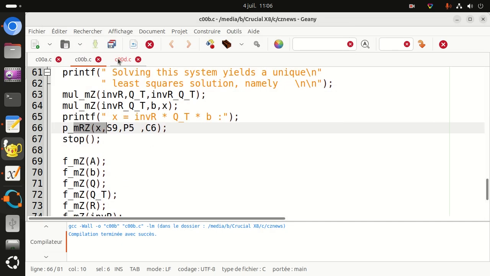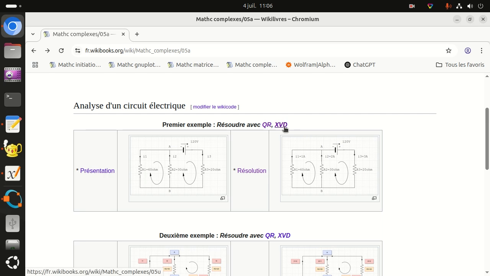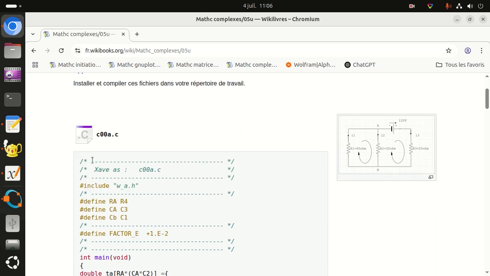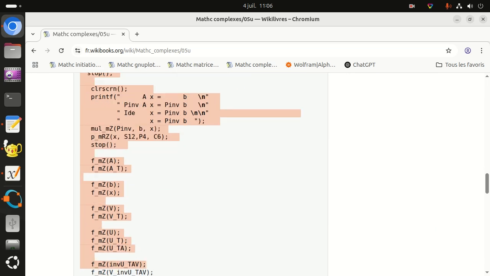Now I want to work with the singular value decomposition. Alors, I copy this code into my editor.